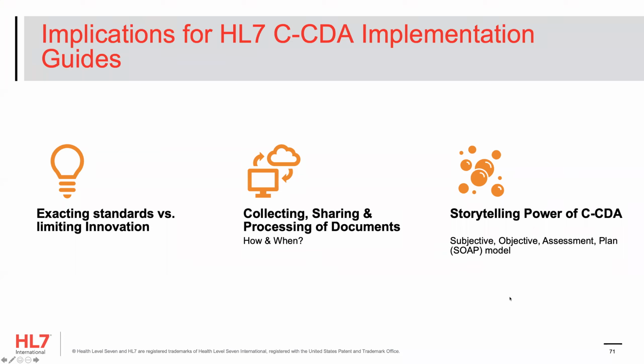the standard use case inside the implementation guide, so that when a vendor is going to implement this particular implementation guide, the vendors have the specifics of how this is actually supposed to be done.